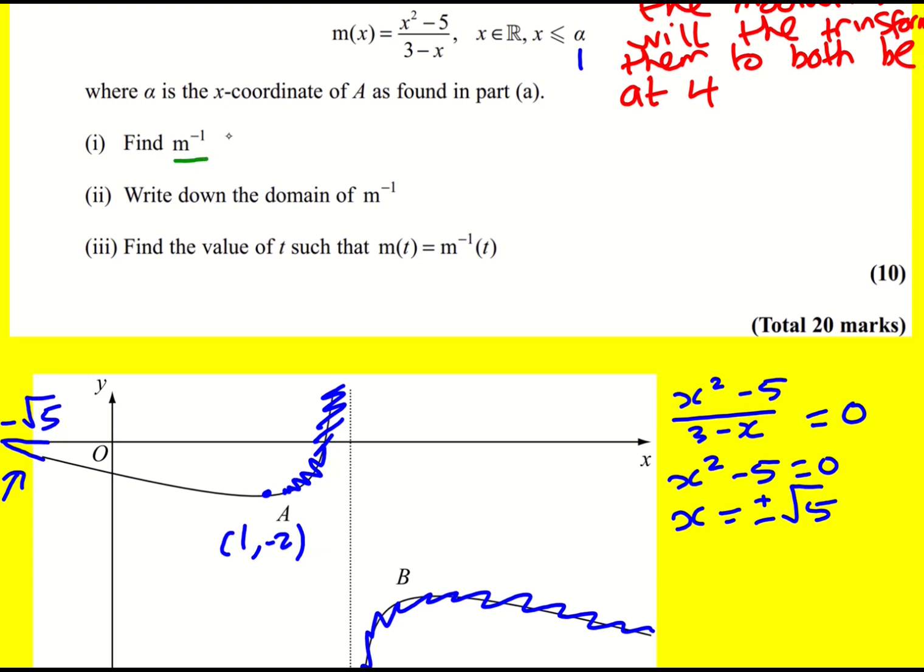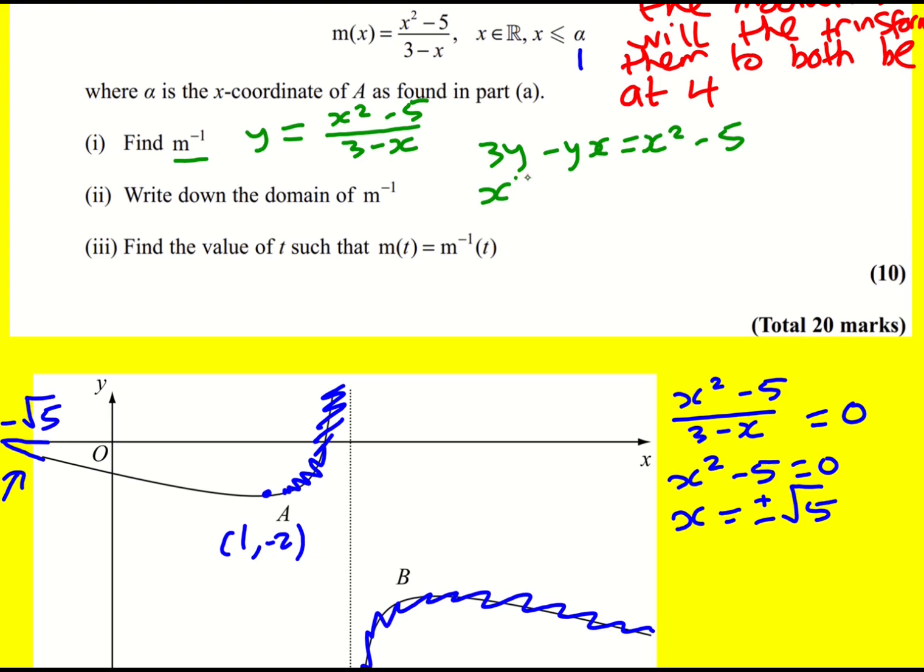We're asked to find the inverse of the function. So I'm going to let y equal x squared minus 5 over 3 minus x, and we're going to make x the subject. So 3y minus yx will equal x squared minus 5. The tricky bit about this is that we've got a quadratic in x.